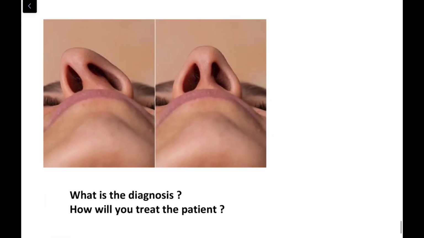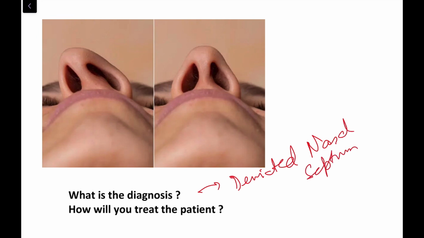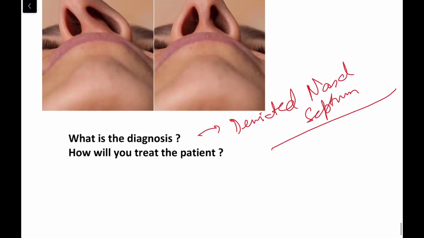Then coming to the final picture, it has been asked, what is the diagnosis? Since this is for your level, it is better to answer this as a deviated nasal septum. So coming to the treatments, deviated nasal septum has almost no medical treatment.